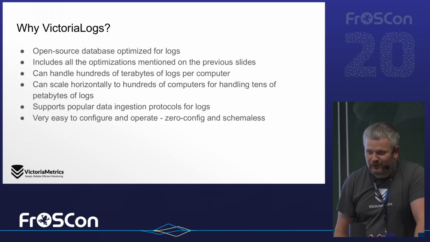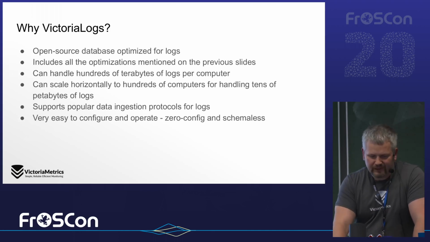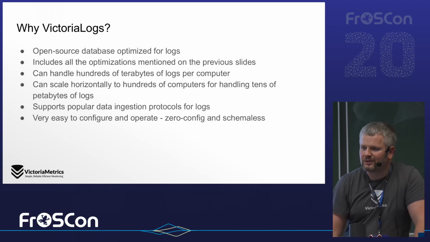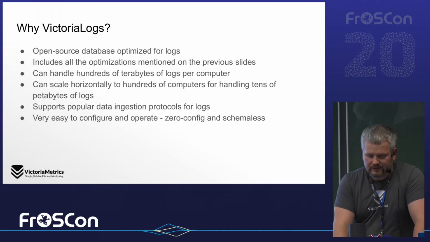And VictoriaLogs is very easy to configure and operate. It is basically zero configuration. It runs well with default configuration options, and it is schemaless. You don't need to specify any schemas when you send logs to it.